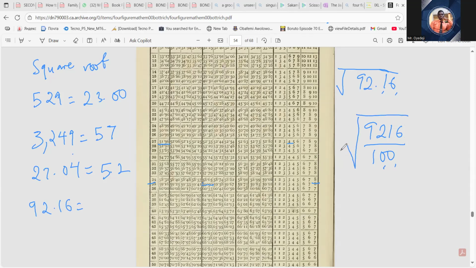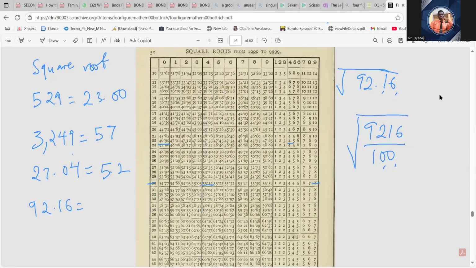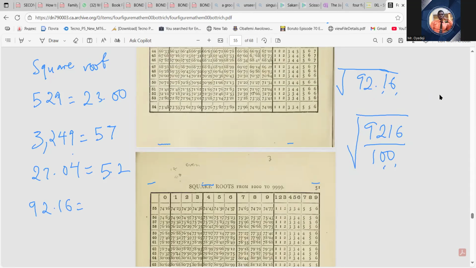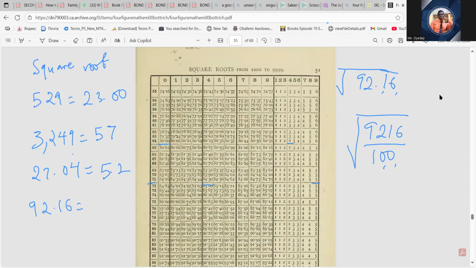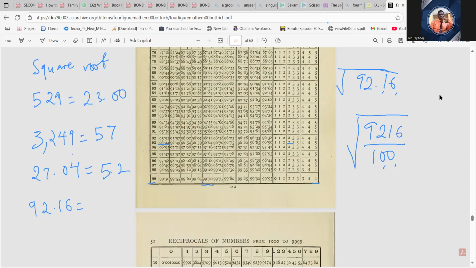Remember, you will go to the 1000 to 9999 part. So we are looking for 92 for the square roots, for the square root side on the four-figure table. So I'm going to 92, 92, 92. Aha, 92, there we are. Let me remove the other annotations on the four-figure table.